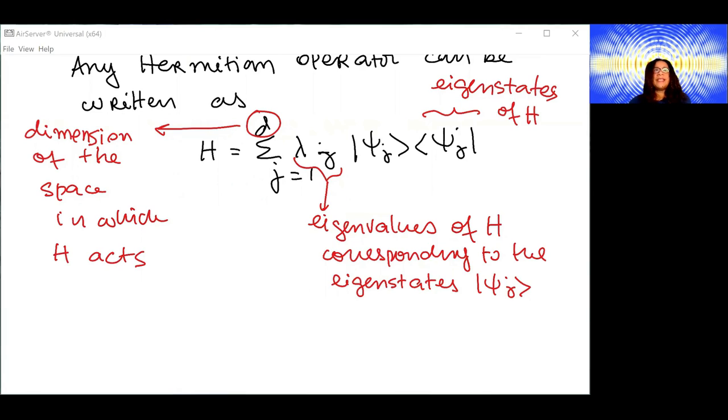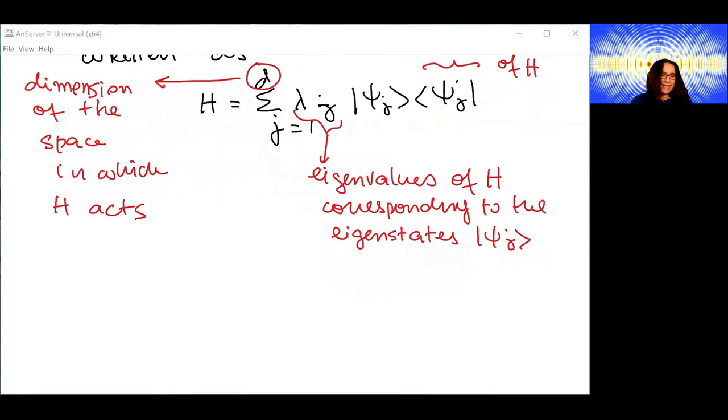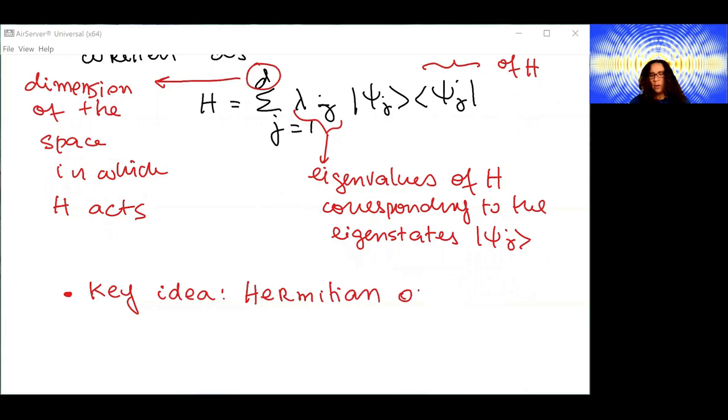So what we are saying here is that this operator can be diagonalized. So this is the main statement. So the key idea is that Hermitian operators can be diagonalized.